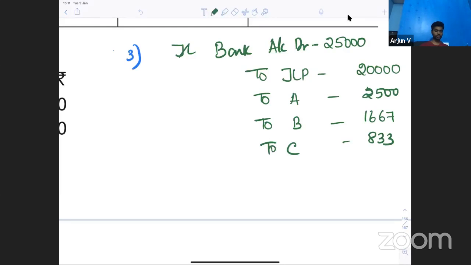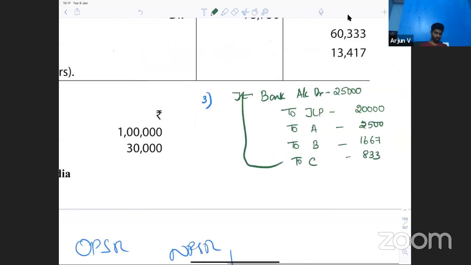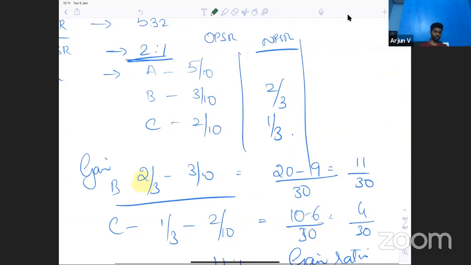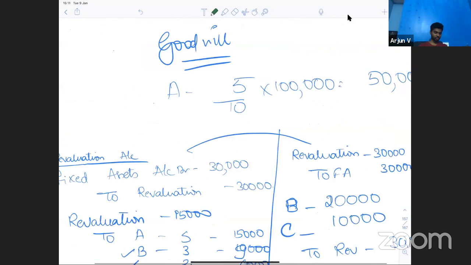Guys, if you don't want to do this, you can bring it to P&L account. Are you all clear with the JLP entry? Did you understand all the three entries? So one was for goodwill, one was for JLP, and one was for the revaluation account. There is no reserve, so nothing else is required.